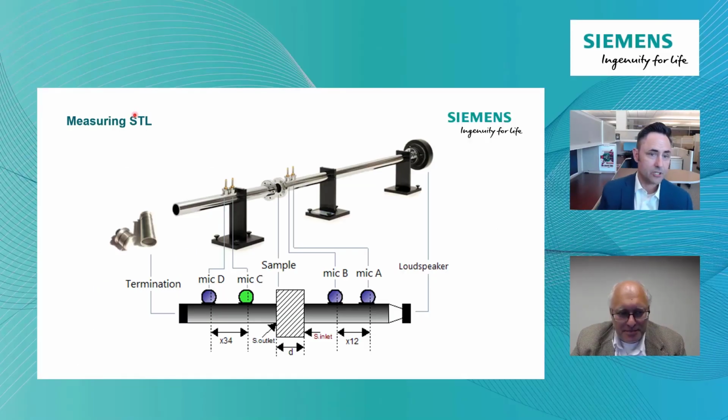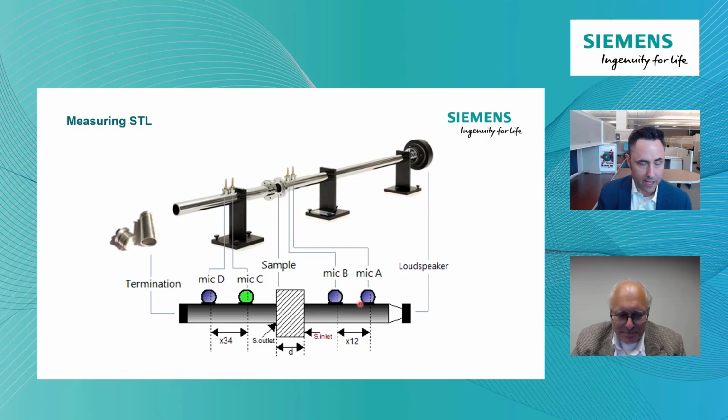For sound transmission loss, you notice we are going to use that same tube, but we're going to add on an additional little half here with two more microphones. In this case, the sample is going to be sandwiched in between our four microphones, and we've got our speaker at the one end. We're going to broadcast a bunch of noise, goes past mic A, past mic B. Some component might reflect off.